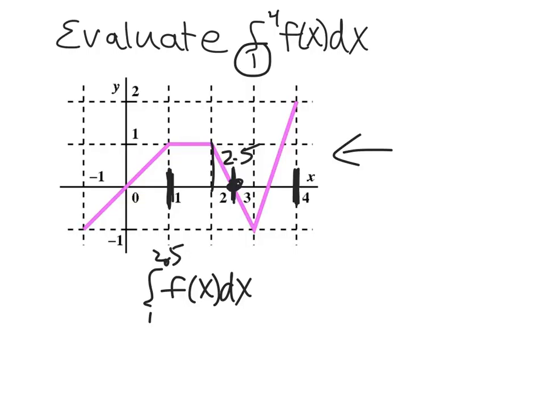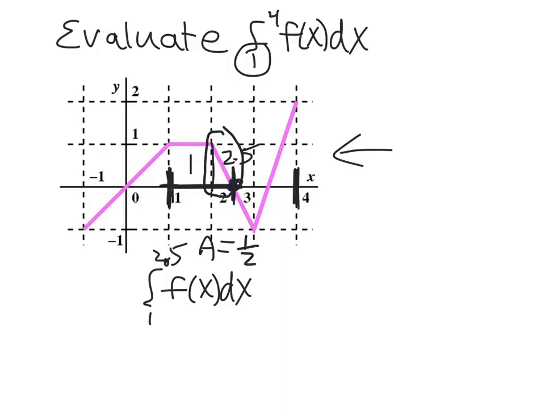the area above the x-axis will represent the value of that definite integral. And what could we say is the value of that, or is the area of that? A little bit more work to it.